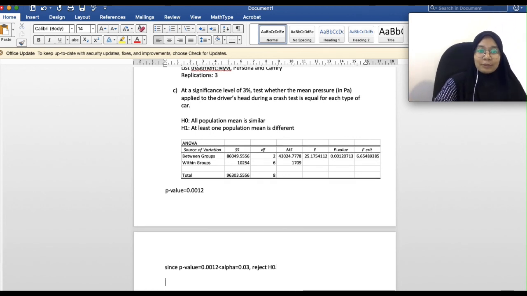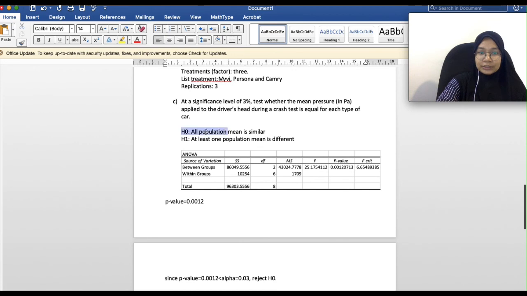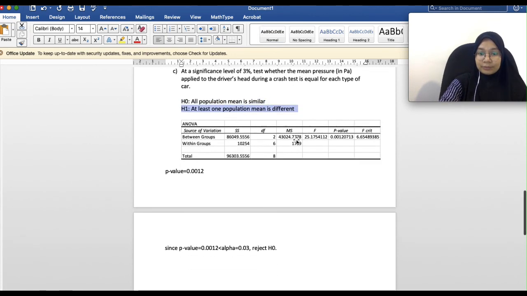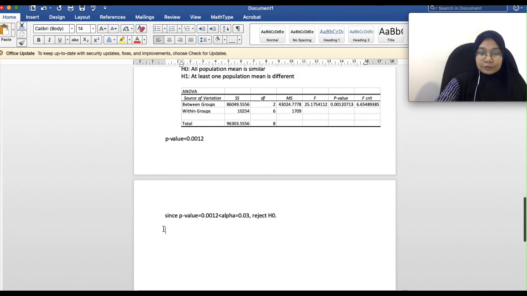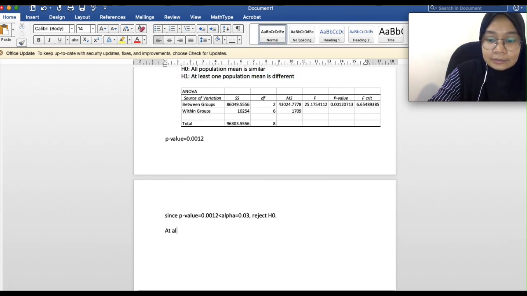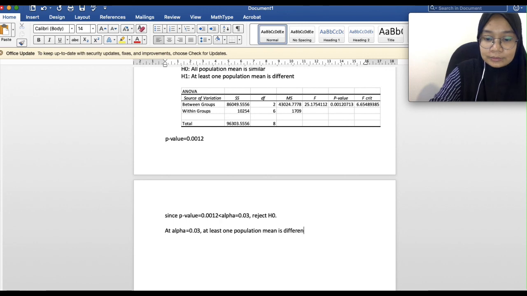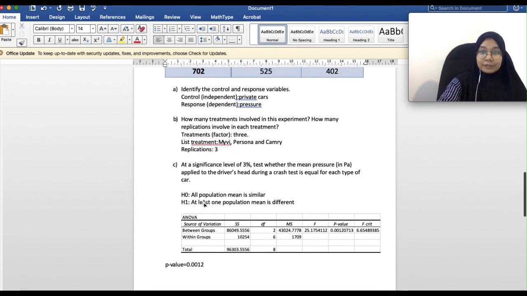Okay, so what will happen if you reject H null? So you reject this H null. So your conclusion is, at alpha 0.03, at least one population mean is different. This means that we have three private cars, right?